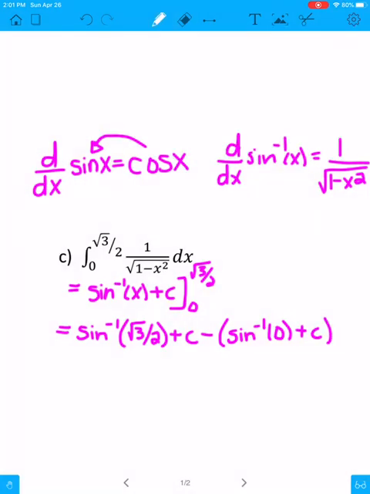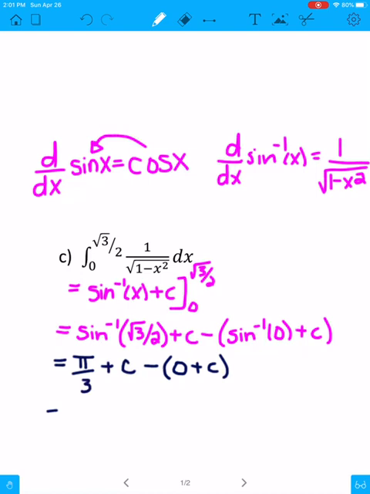Sine negative 1 of root 3 over 2 is pi over 3, because where is root 3 over 2? It's pi over 3. Plus, and we're looking in the first quadrant, plus c, minus, and then sine negative 1 of 0 is 0. And I know these are at different places, but you want to stick to one quadrant, so I always stick to the first one. Plus c.